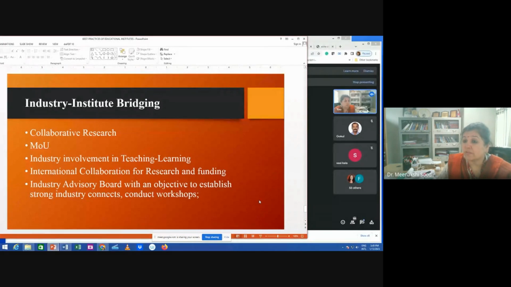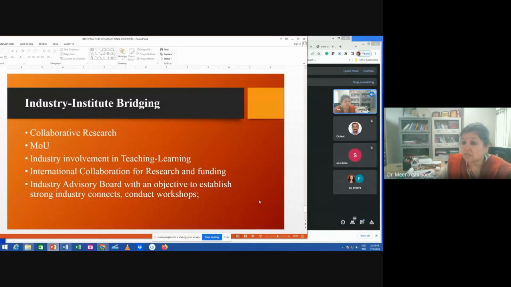Sign MOUs with the industry. That MOU will include each and everything, whether it is taking classes or visits of the students to the industry, or collaborative research, or how the industry is going to contribute to the academics. That can all be part of MOUs, right?